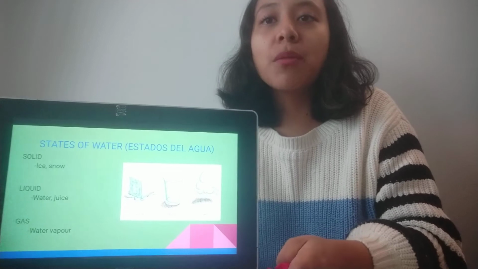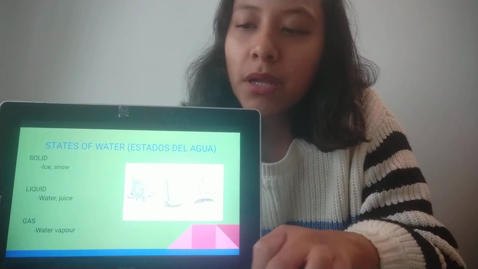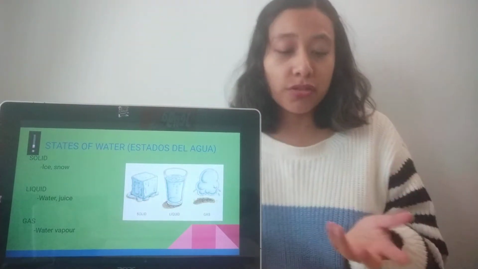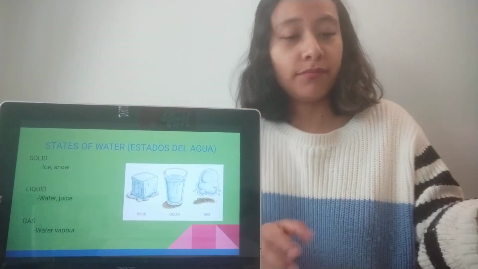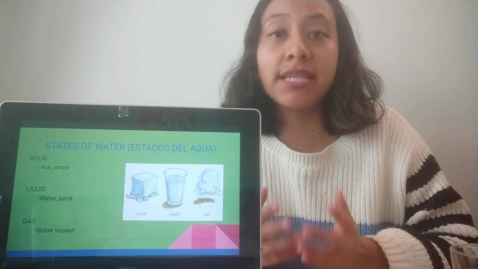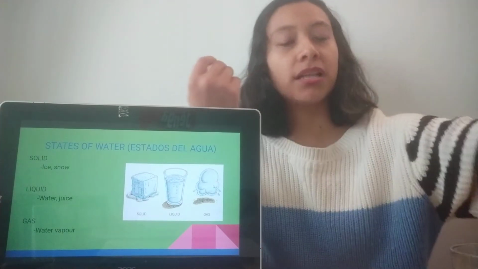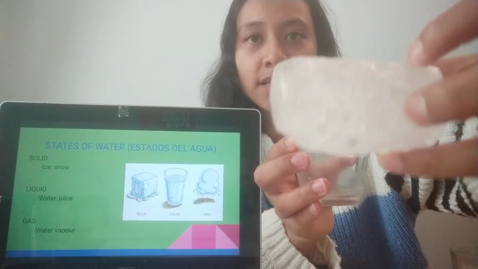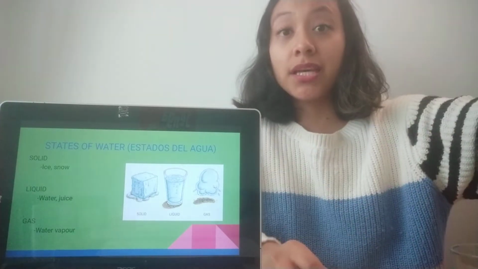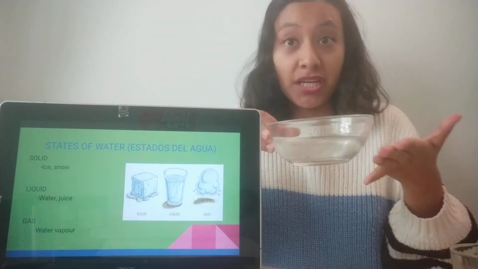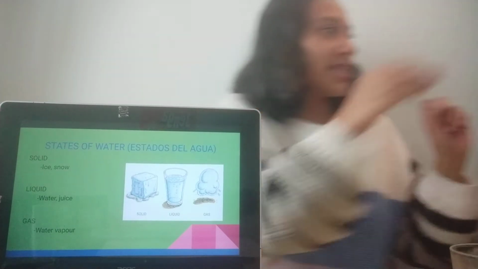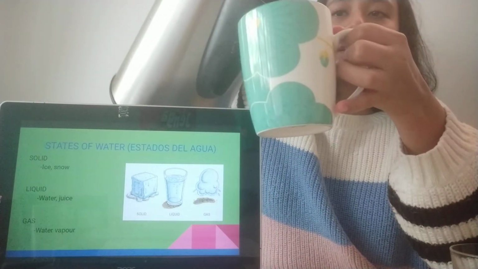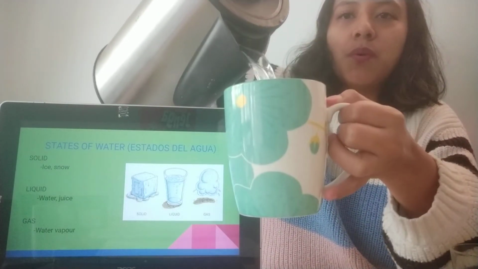Now we're going to talk about the states of water, all right? So also the water has three states. It has a solid like ice, all right? This is a solid. We have a liquid, that is the water that we drink. And, one second, we have gas. I don't know if you can see, I boiled this water.